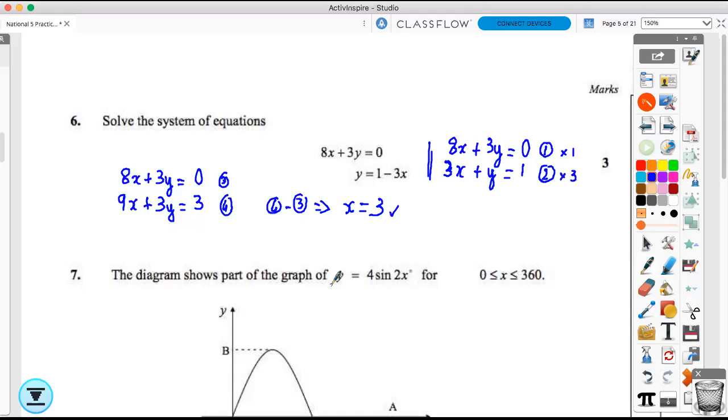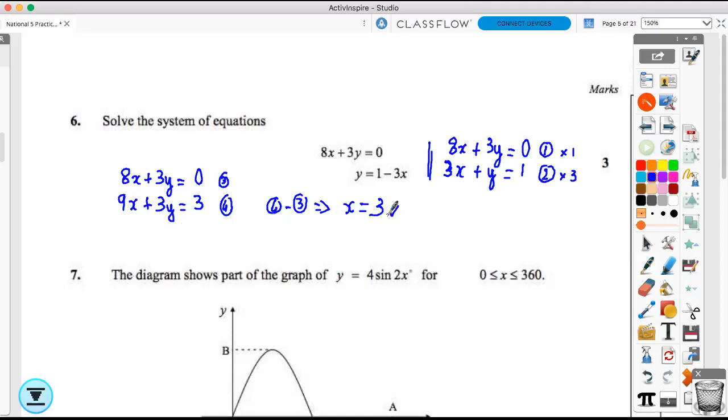If you had done 3 take away 4, you would get minus x equals minus 3, and then you would need to divide by -1 both sides. But because I'm lazy and I would rather just deal with positive numbers to minimize my number of mistakes, because we all make them, even me, I'm just going to flip that round and do 4 take away 3. I've got x equals 3.